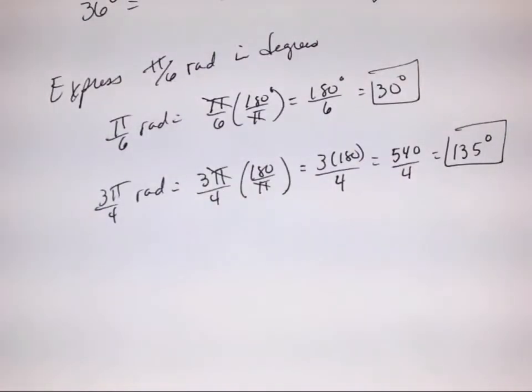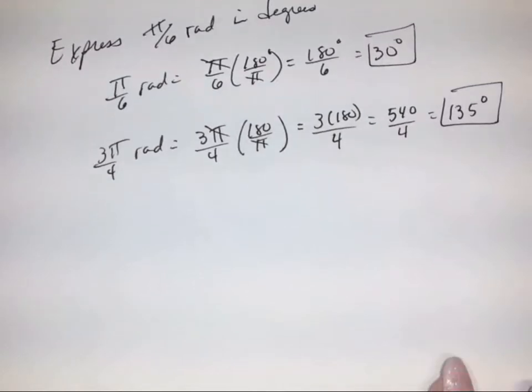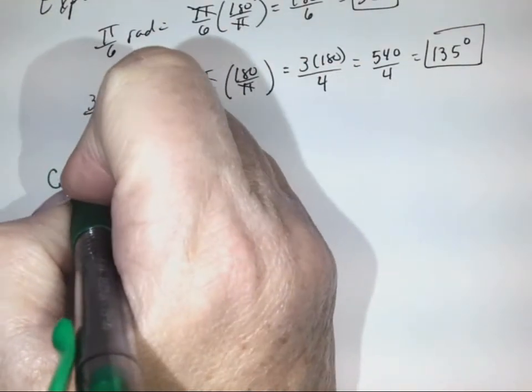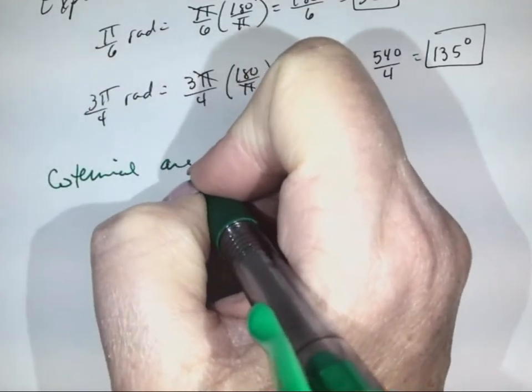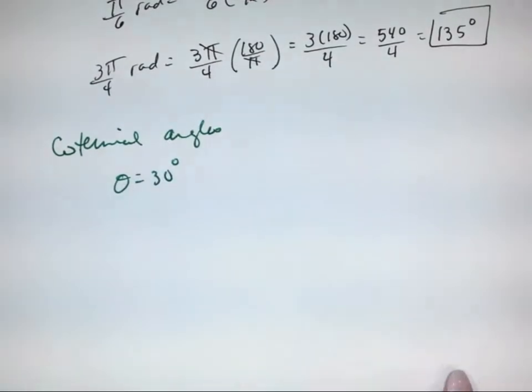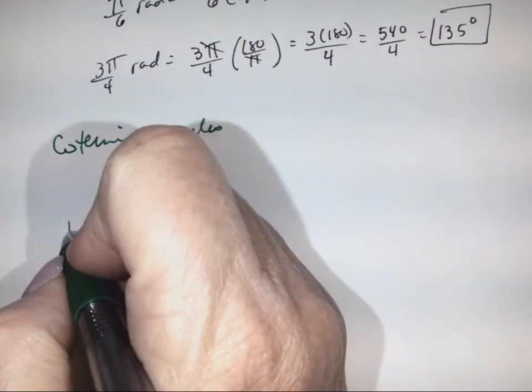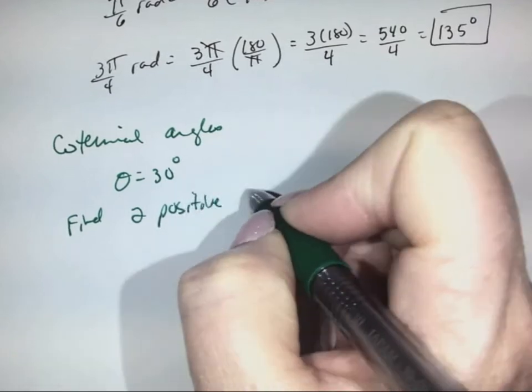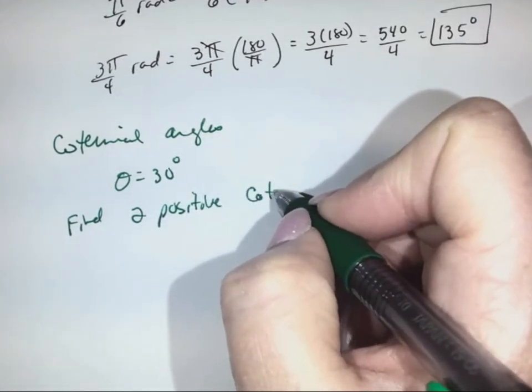All right, so let's go find some coterminal angles. So if I have theta is equal to 30 degrees, I want to find two positive coterminal angles.